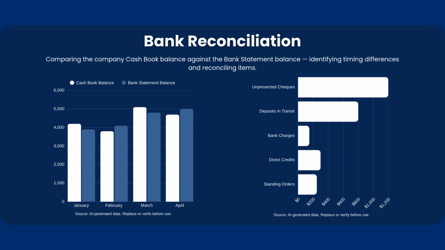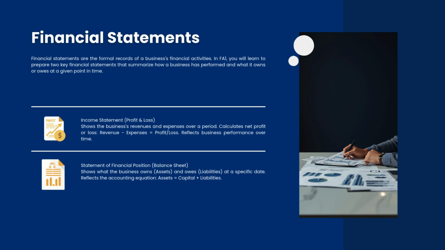It's all about comparing the cash book with the bank statement and the bank account. The final issue in today's session is financial statements. Whenever you record these transactions, you cannot give them just one by one to the owner or those who are interested.